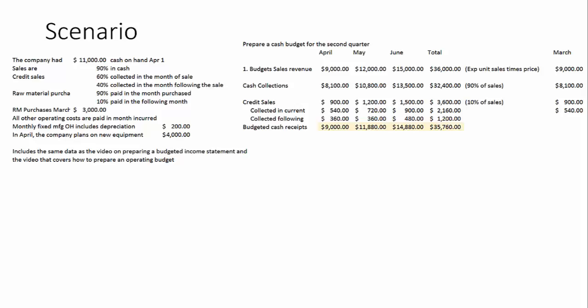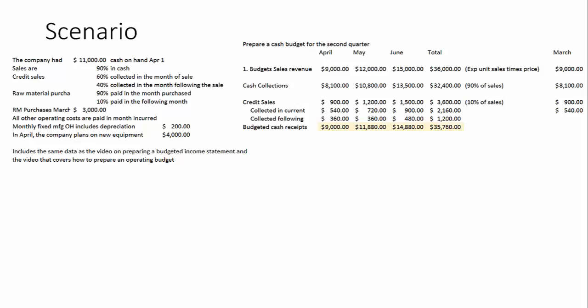Now the difference between the $9,000 and the $8,100 is $900 of credit sales, which represents 10% of our sales revenue. Of that $900, we will collect 60% of it in the month of April. So 60% times 900 is $540. The $360 represents credit sales from the month of March that are collected in April, which is 40% of the March credit sales.